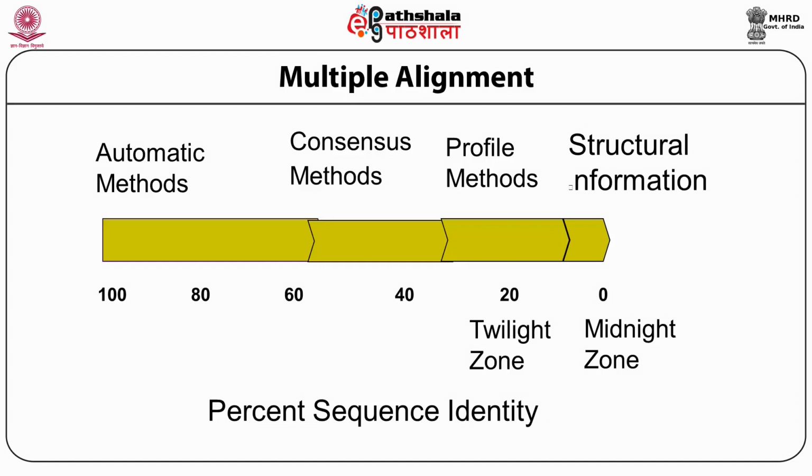So this zone between 0 to 10%, we call it the midnight zone. Nobody knows what we are doing, whether we are doing things correct or not.